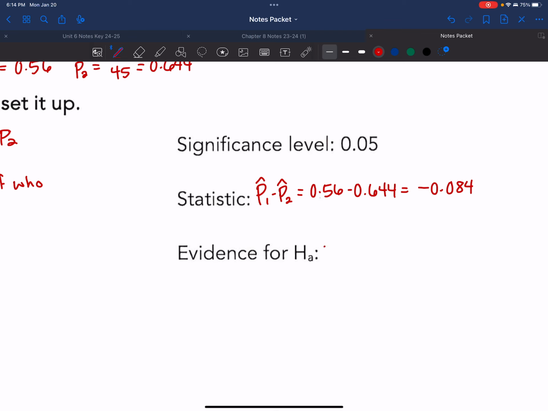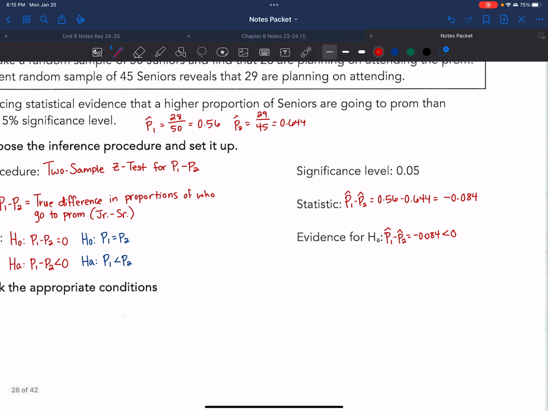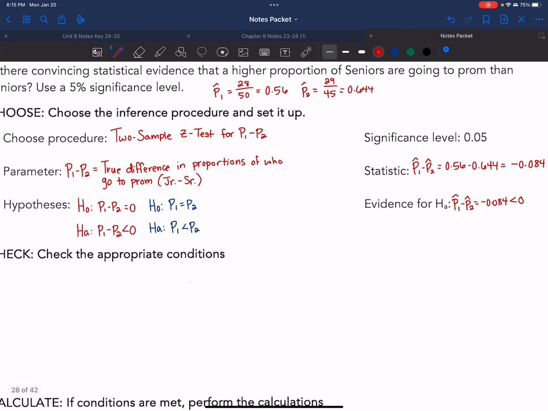Well, p hat 1 minus p hat 2 was negative 0.084, well, that's less than 0. So that's my evidence to suggest that the alternative is the one that's actually true. But from here, we want to actually see if there's significant evidence, okay?